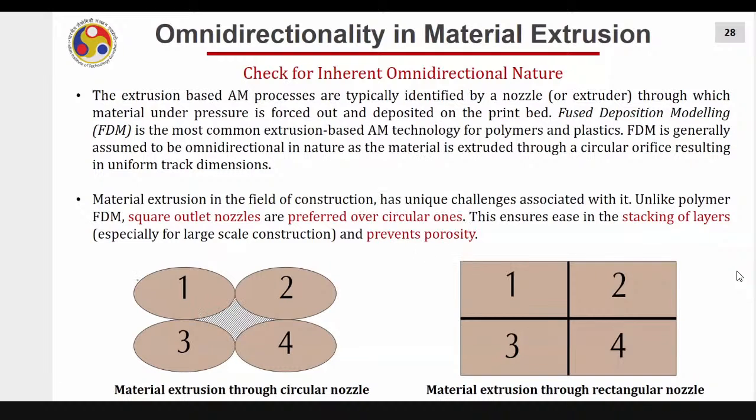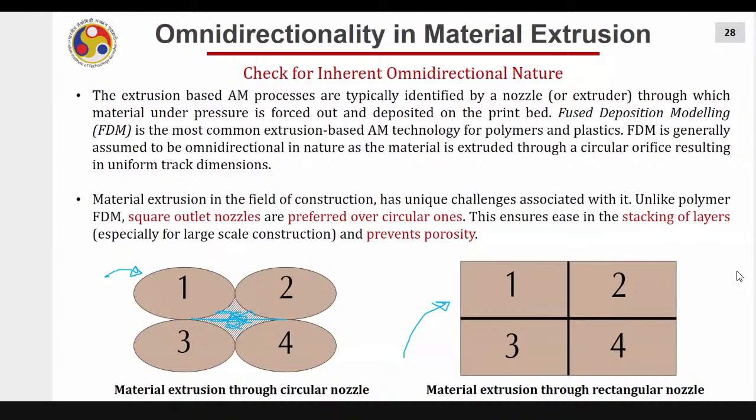If you deposit with the circular nozzle, what will it end up like? It will end up like this, right? And you will have some porosities in between. Because unlike in the case of wire-based system, where they get merged after some time due to the high temperature, there is no temperature difference here, and it is just a ceramic slurry. They prefer to have rectangular nozzles so that the stacking can be proper. There are two reasons: stacking and the voids.